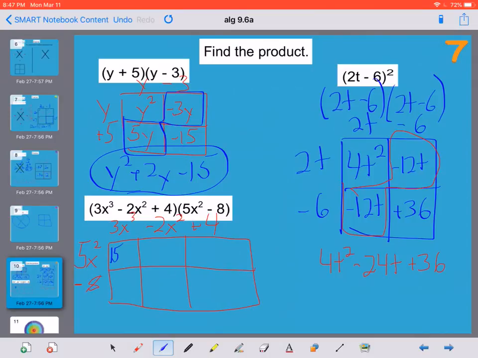X squared times x cubed is going to give us x to the 5th power. 5x squared times negative 2x squared, negative 10x to the 4th. And 5x squared times 4 is going to give us 20x squared.